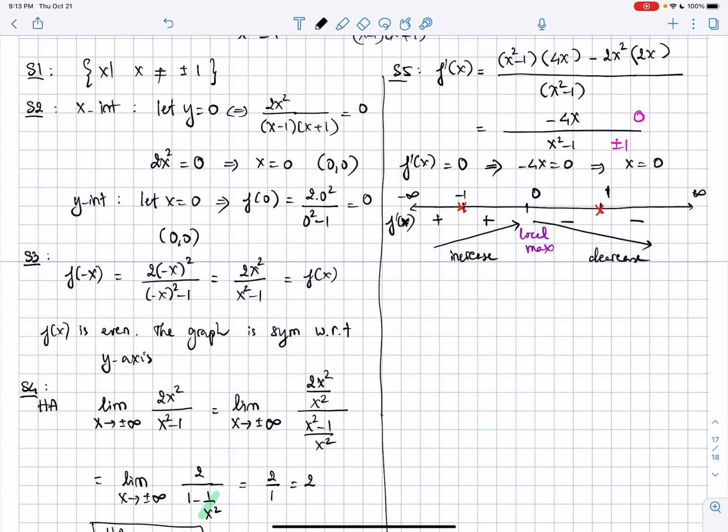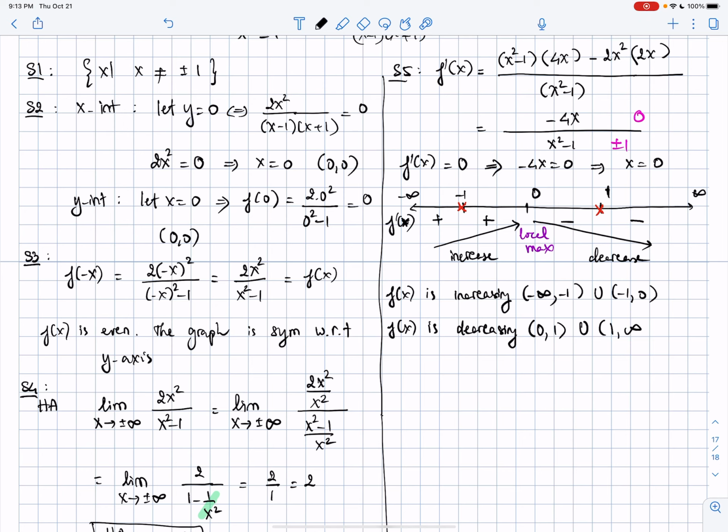Okay. So we will say the function f of x is increasing from negative infinity to negative 1 union negative 1 comma 0, and f of x is decreasing from 0 to 1 union 1 to infinity.